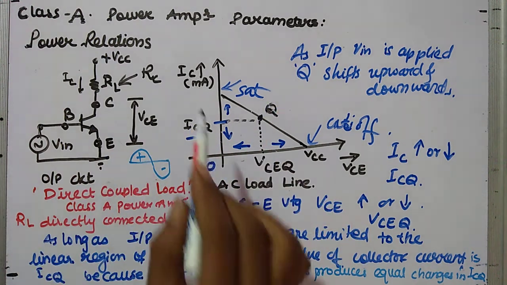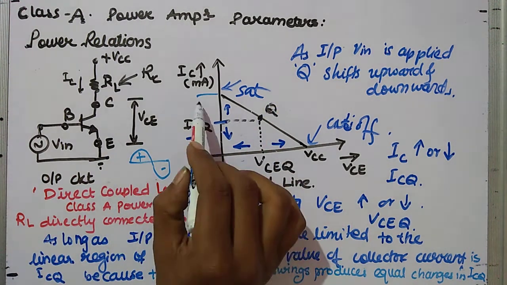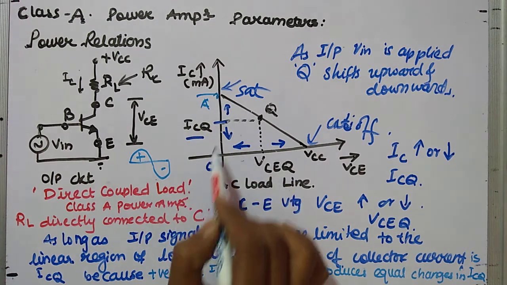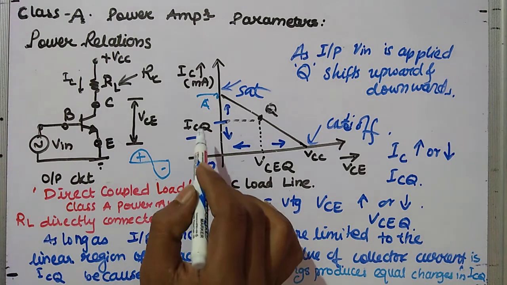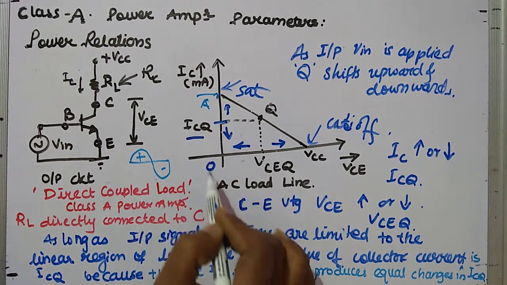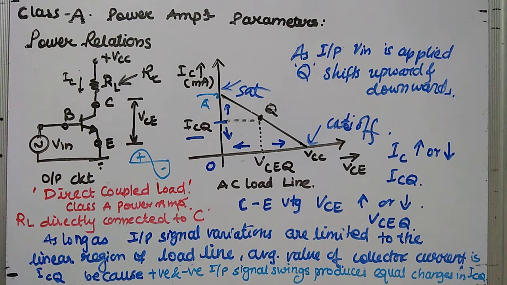So say for example A, and say one example B, O, from ICQ to A and ICQ to O, both the variations are the same.